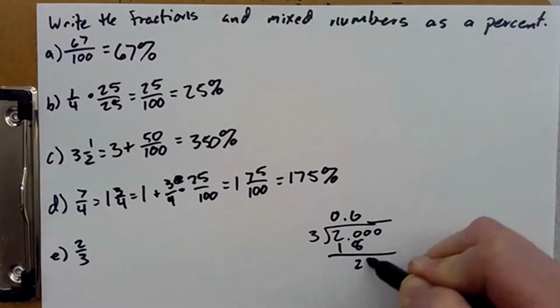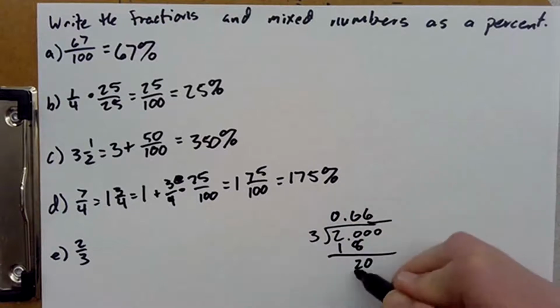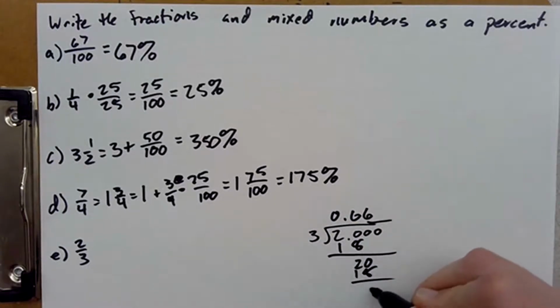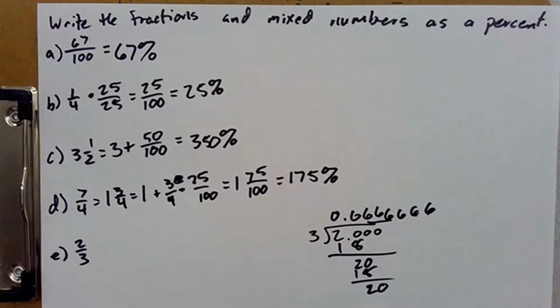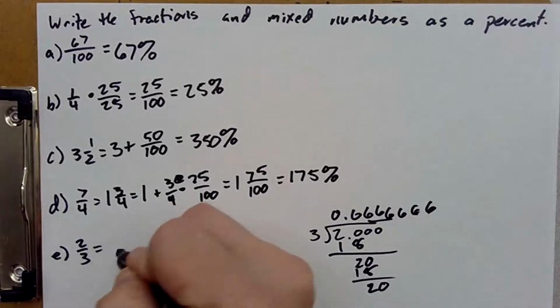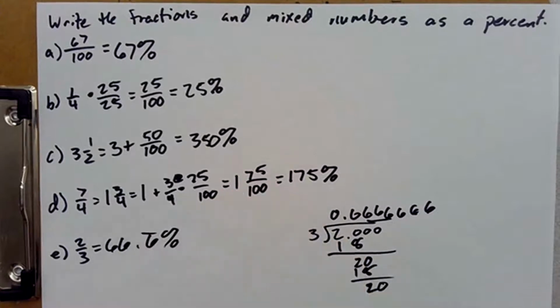We subtract, we get a 2, we bring down the 0. We get another 6. 6 times 3 is 18. Bring down, subtract, get another 2, bring down the 0. 6, 6, 6, 6, 6 forever. And we can write this as 66.6 repeating percent.